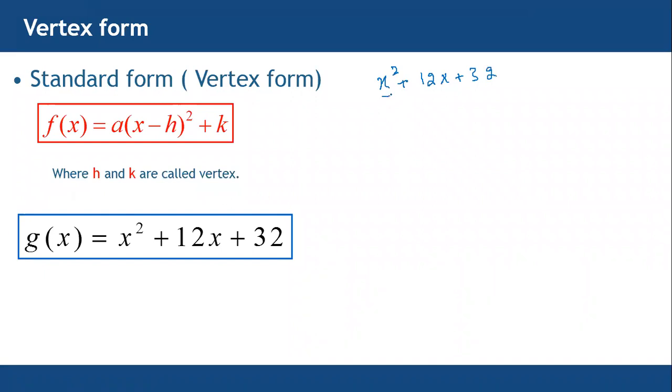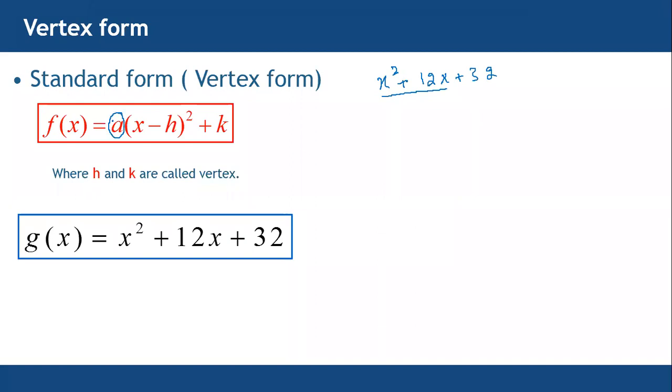What can we take common between x square and plus 12x? Only 1. Now we don't want to take x because we have a, and a is a constant number.